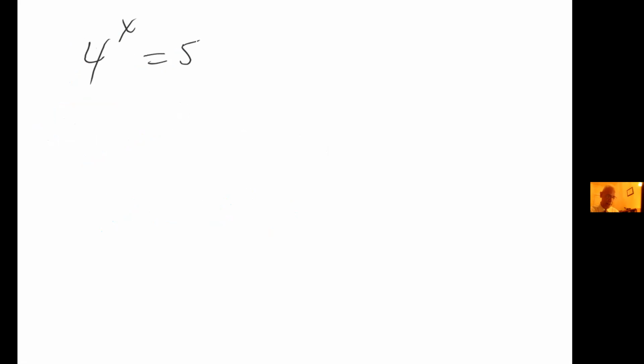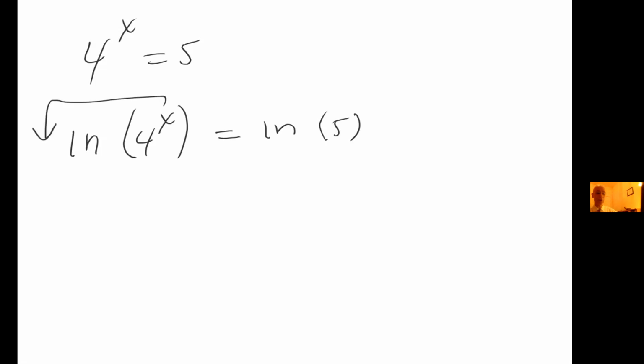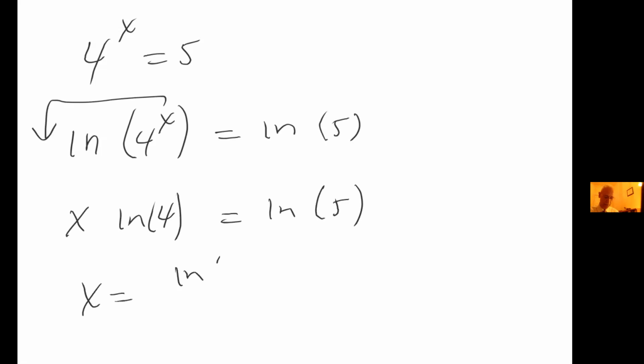I can say natural log of the left-hand side should equal natural log of the right-hand side. So notice that now I can bring the exponent down as a coefficient. So x times natural log of 4, and I don't know any calculator that doesn't have a natural log button, equals natural log of 5. And so x equals natural log of 5 divided by natural log of 4.